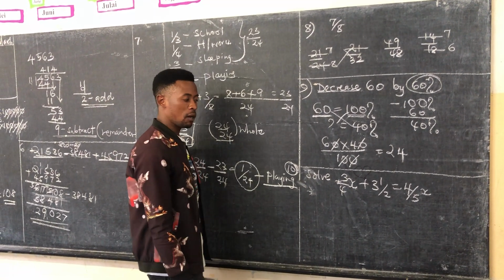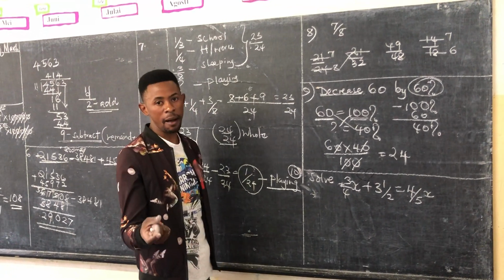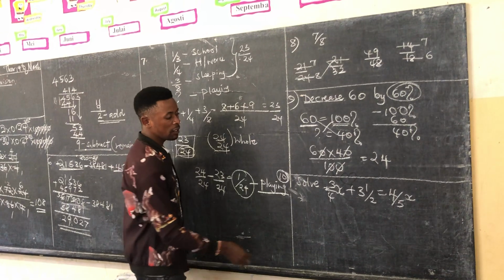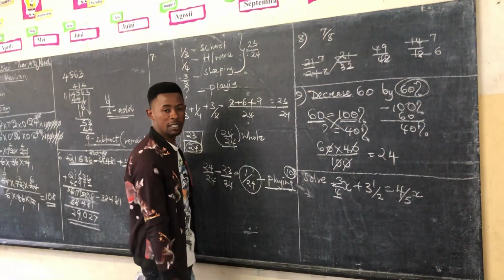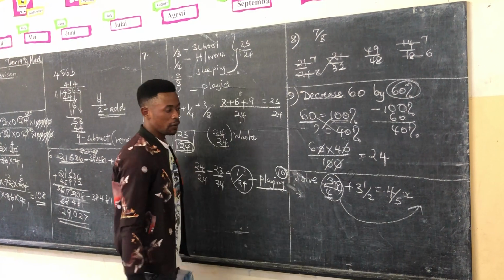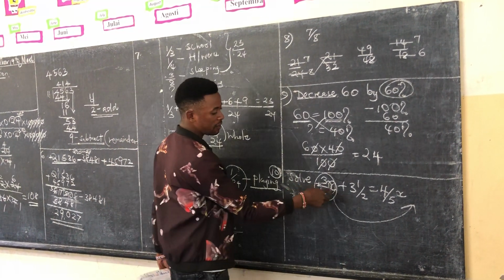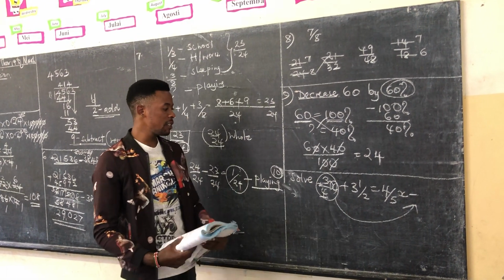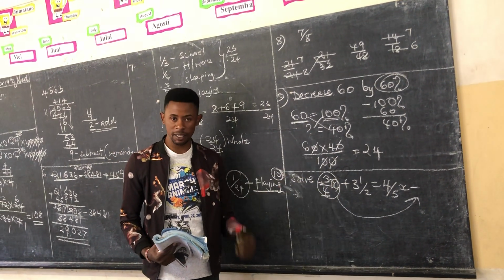I said any number, a fraction, must have a sign, a positive sign or a negative sign. So for 3/4 here, it's positive. So we shift it to the other side where there is x. When we shift it to the other side, the positive sign will become a negative. I've told you that: when a positive sign crosses the equal sign, it becomes a negative.